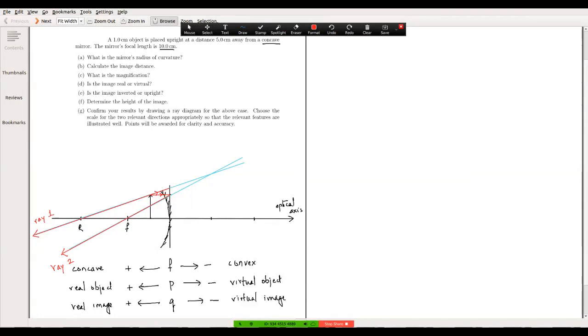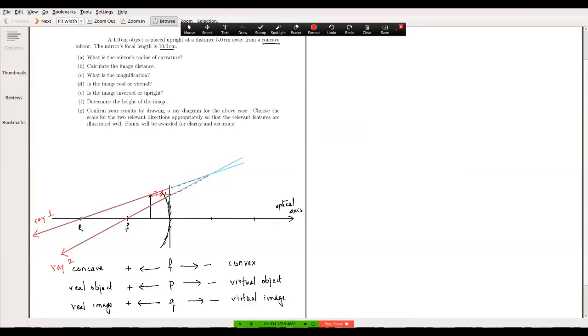Wherever these two rays meet, that's where the image is formed. But it's clear that since it's diverging off, it doesn't seem like these two rays are meeting, but instead they seem to be meeting somewhere at the back. So we project these two rays wherever they seem to be originating from, in a sense.